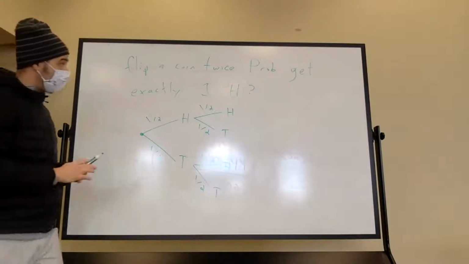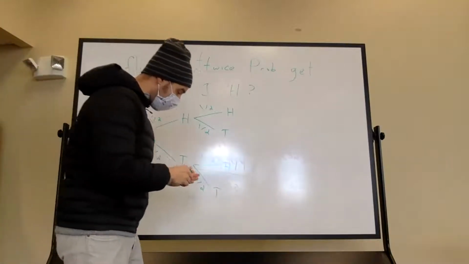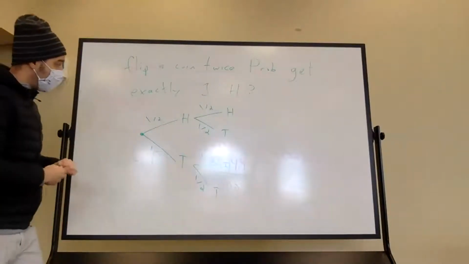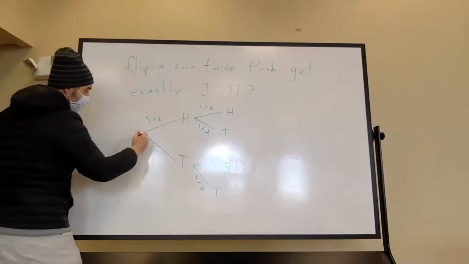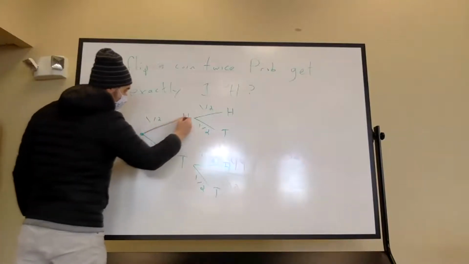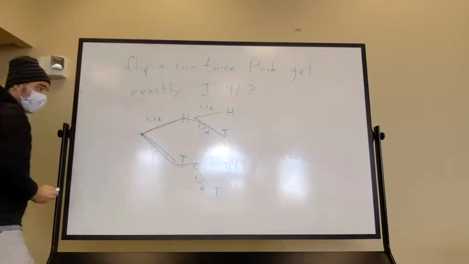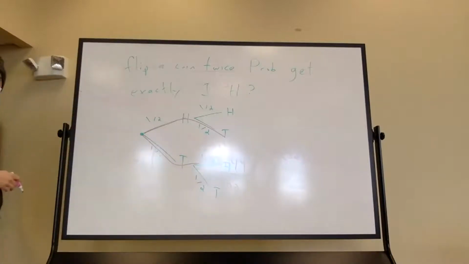So now to answer this question using this tree, you do the following. You say to yourself, okay, what do I care about? Exactly one head. So then you come in with like a highlighter and you take every walk in the tree that corresponds to an outcome like that. There are 2 of them. Do I agree with that?